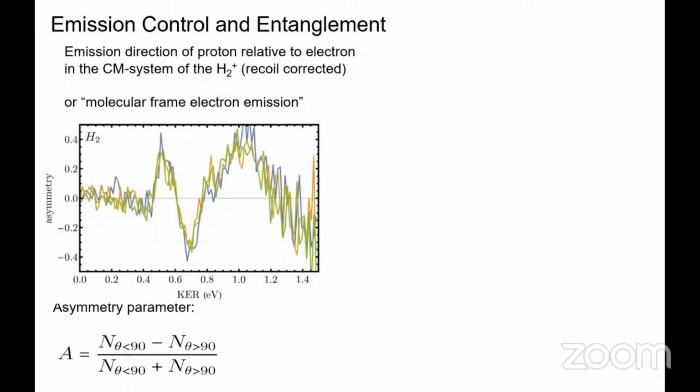And if you plot this, then we see a pretty strong asymmetry, depending on the kinetic energy release. So for certain kinetic energies, the proton and electron go in the same direction. For others, they go opposite. And now this is, as I said, an asymmetry in the molecular frame.